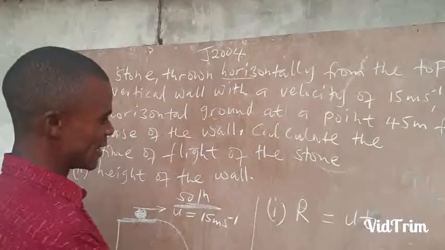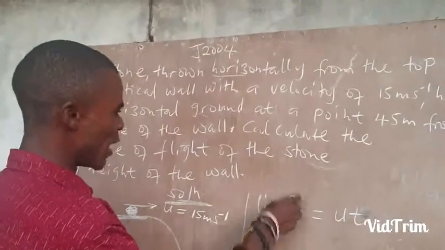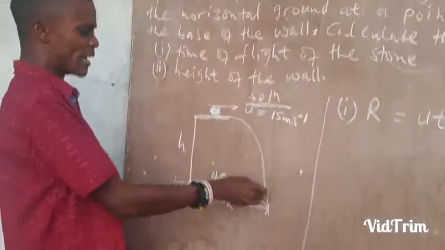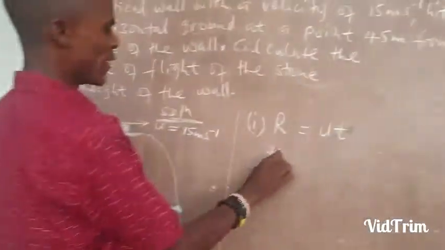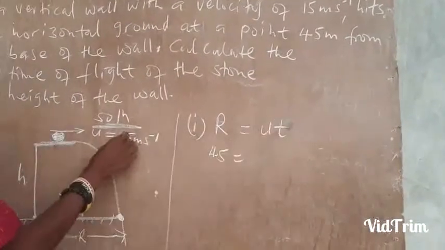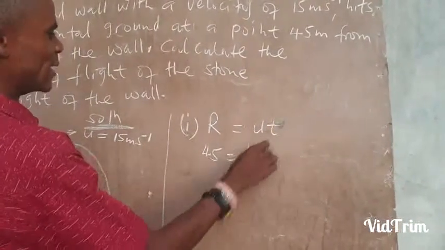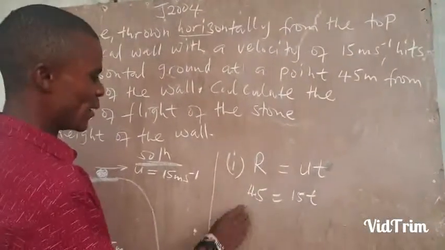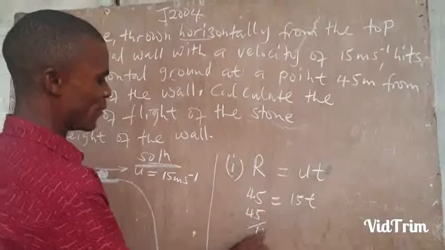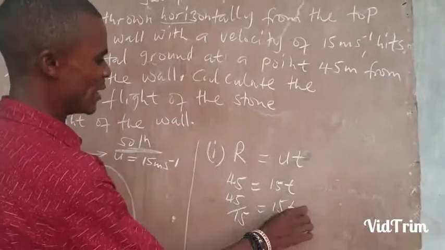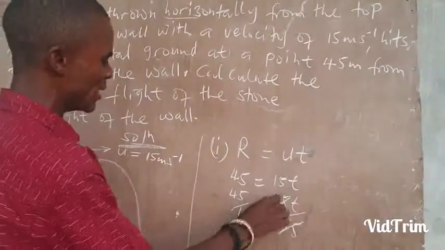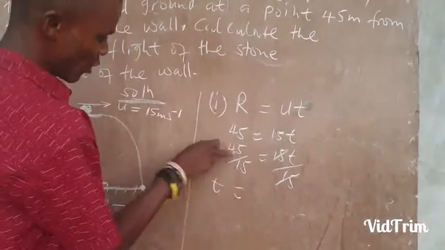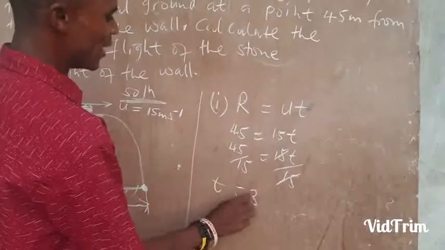The range, capital R, is from here to here, which they said is 45 meters. The initial velocity is 15. That becomes 15t. For you to get t, you divide both sides by 15. So t becomes 45 divided by 15, which is 3 seconds.